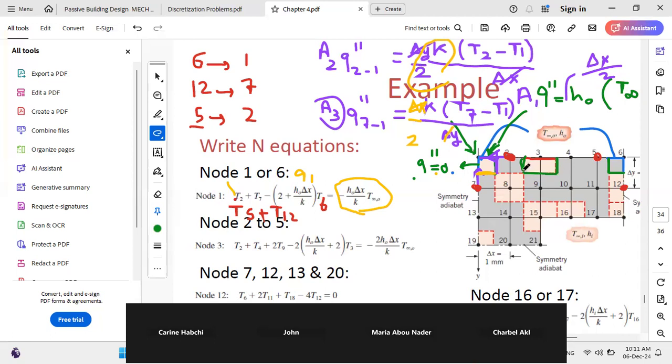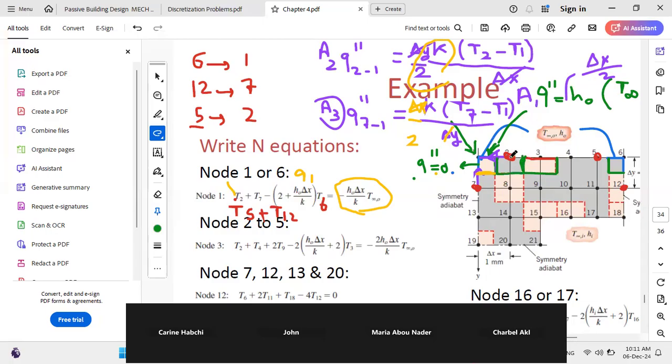You can write the equation for any of these nodes and deduce the equation for all the others. Let us do the equation for node 2 and we'll deduce it for 3, 4, and 5.